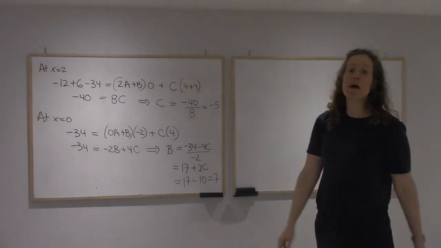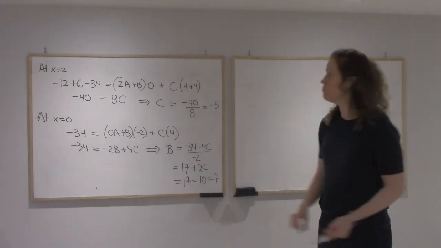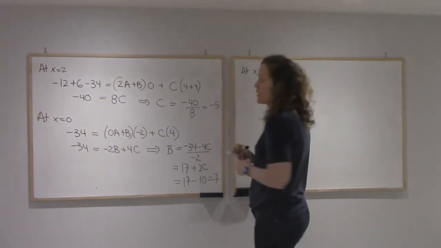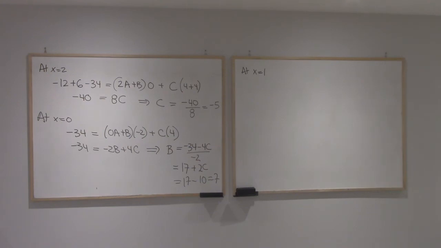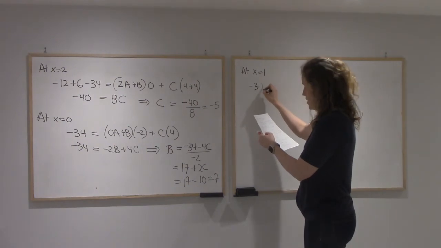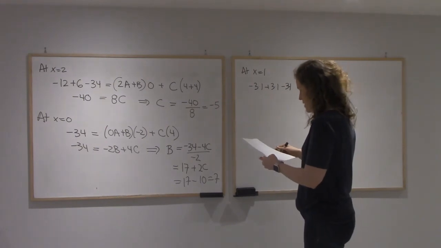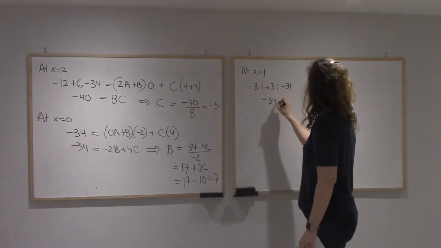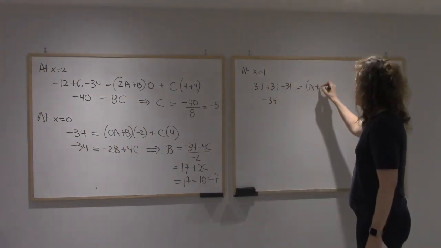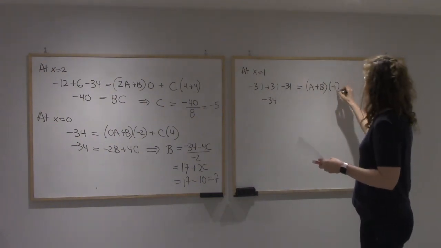Now at this point, there is no good value left. So let's try. I have 0, I have 2. Let's not make our lives too hard. I'm going to try x equals 1. I'm sorry I had to erase this, but I have my notes here. So on that side, I get minus 3 times 1 plus 3 times 1 minus 34. So I get minus 34. On the other side, if I plugged in x equals 1, I have a plus b. And then I had x minus 2, so that's minus 1.